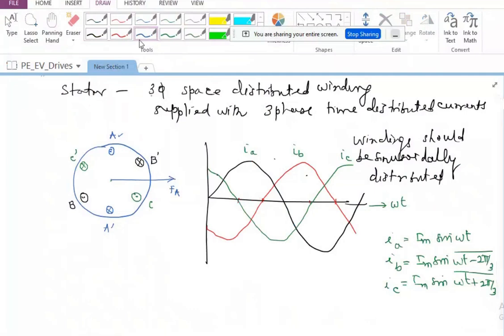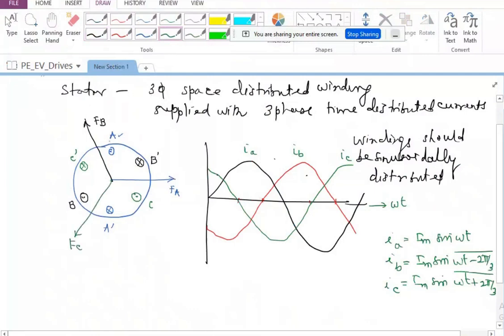Whereas if I look at the magnetic field corresponding to B phase, that is going to be exactly 120 degrees away from FA. So this is going to be FB, and FC is going to be along this. And please note, I have shown FB as leading FA by 120 degrees, because this is 120 degrees. That's what we said, and FB is leading FA by 120 degrees.